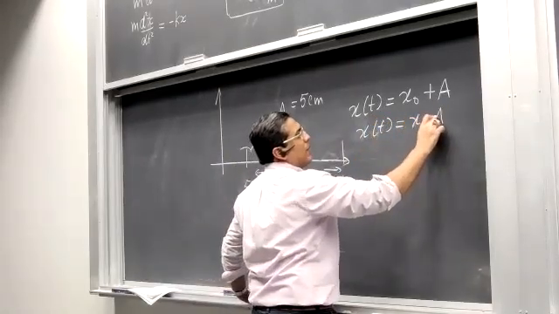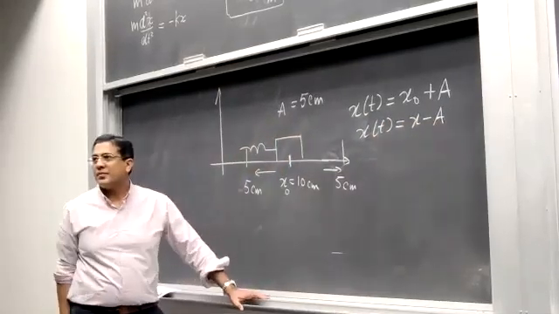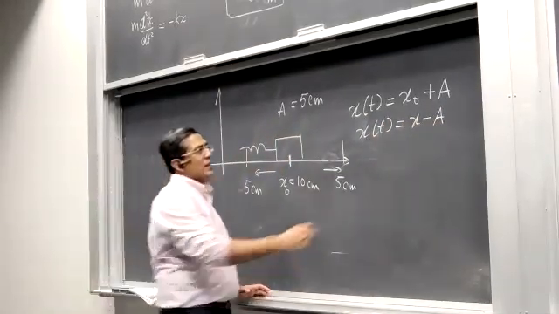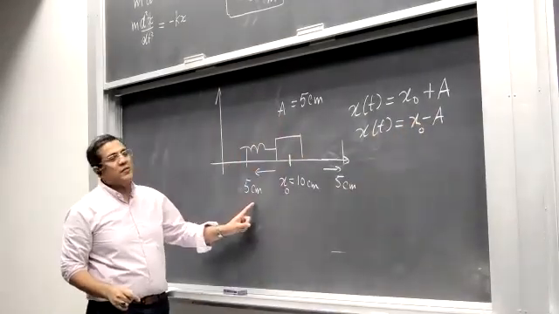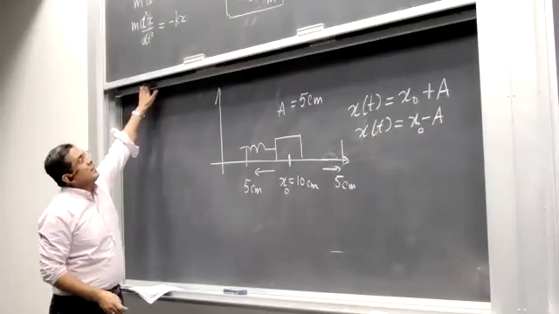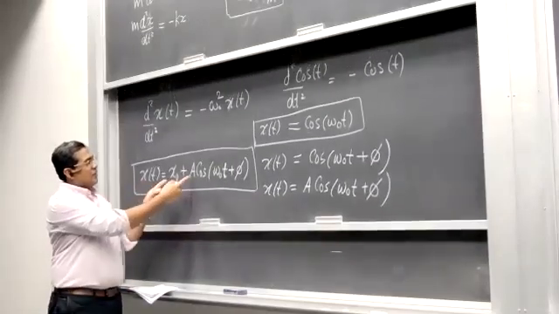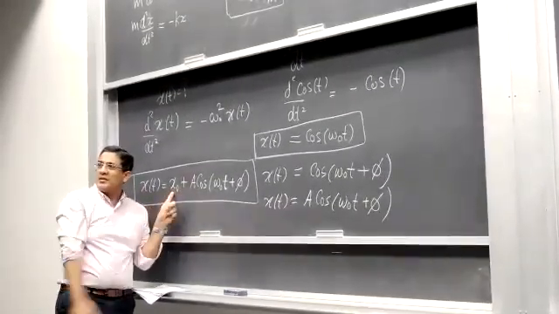X naught minus A. So now you get what these two constants are representing in the solution, X naught and A.